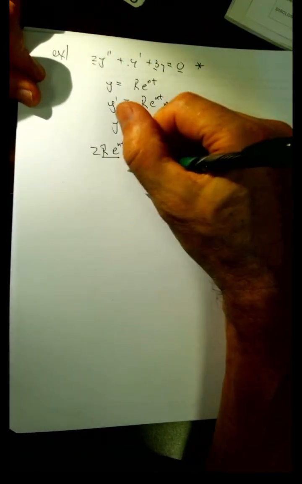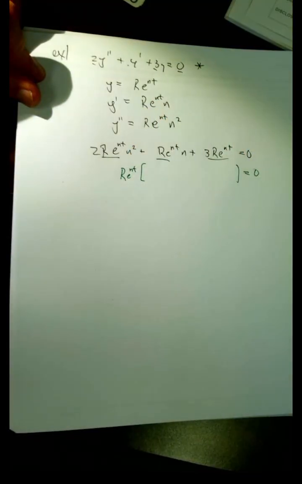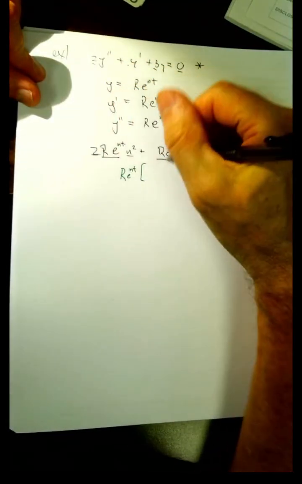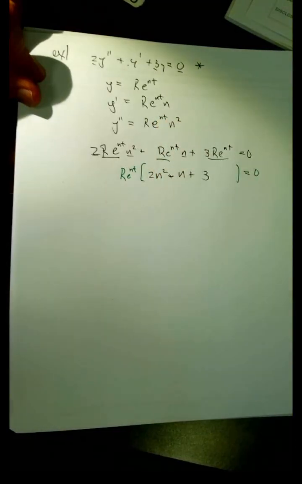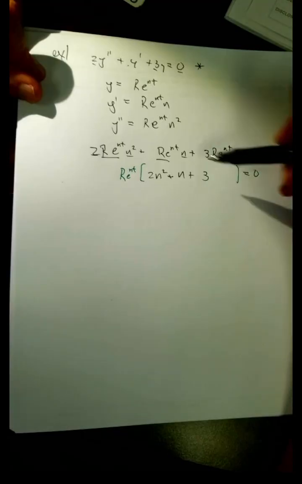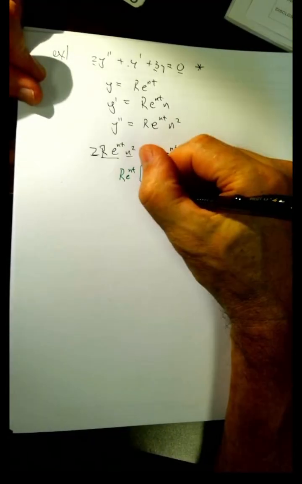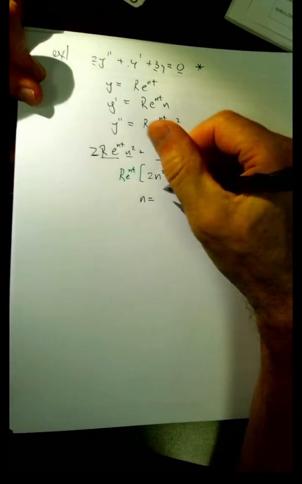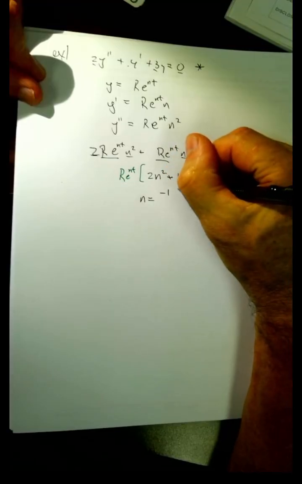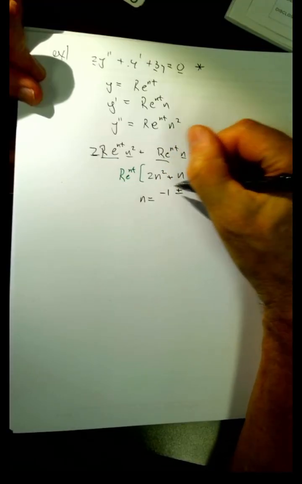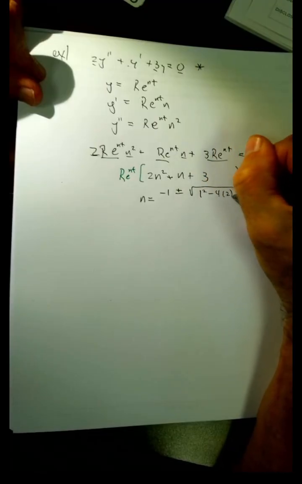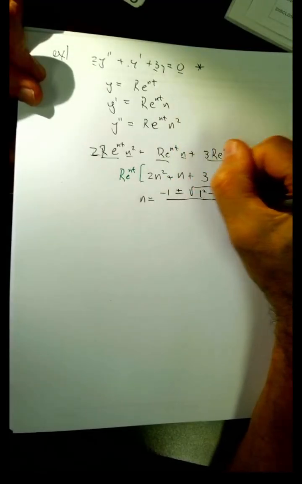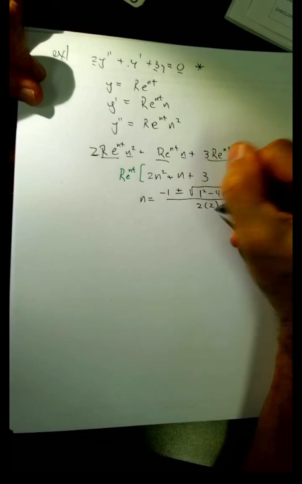I'm going to factor out the exponential function, and I'm left with 2n squared plus n plus 3. I don't immediately see how to factor that, so I'm just going to let the quadratic equation do my work for me. So b is 1, so minus b plus or minus the square root of 1 squared minus 4 times 2 times 3, all over 2 times a.